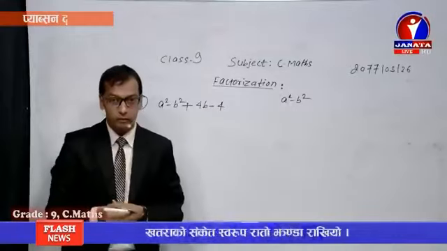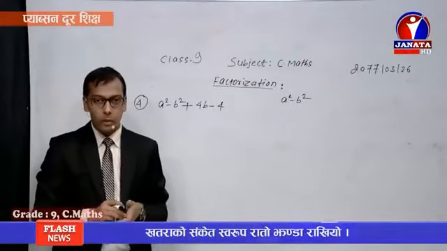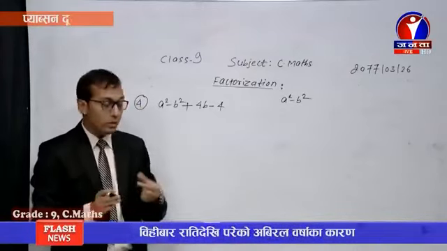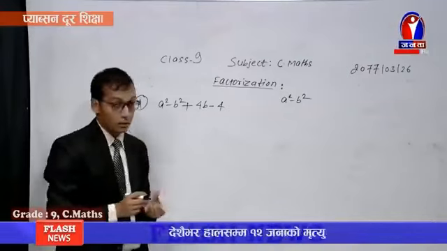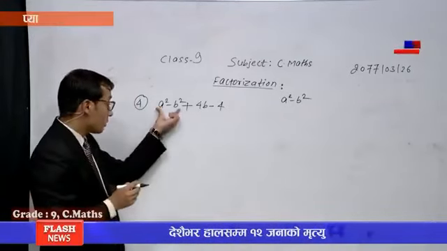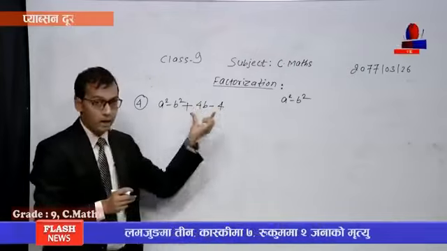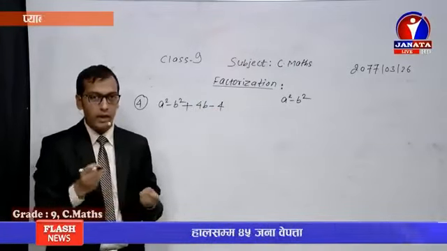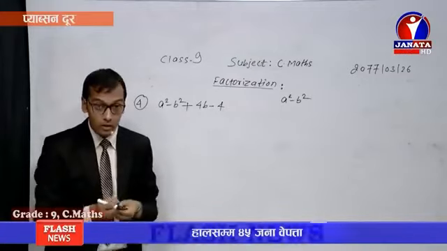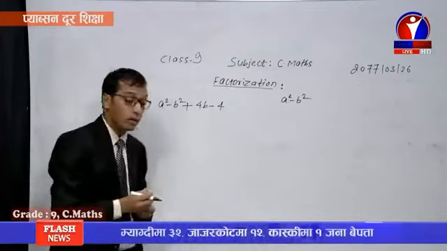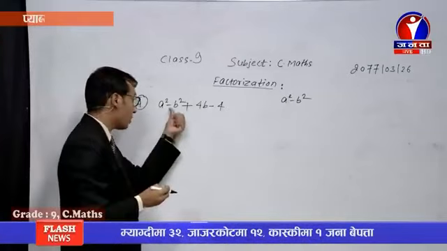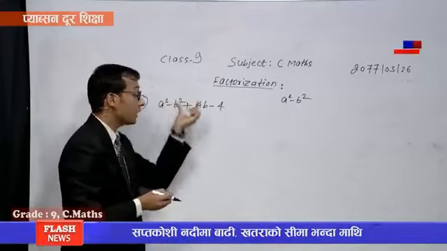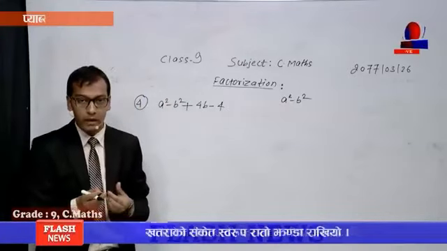Okay, let's think now. What is the difference between this expression and the previous? Can we factorize this expression by splitting the first two terms into a formula and taking common from the next, or not? If not, what is the process? Either we can take the negative sign common from here, or we can try factorizing by splitting the terms by rearranging.